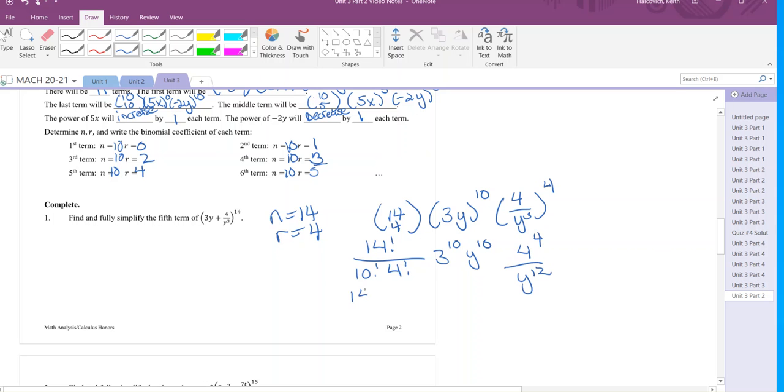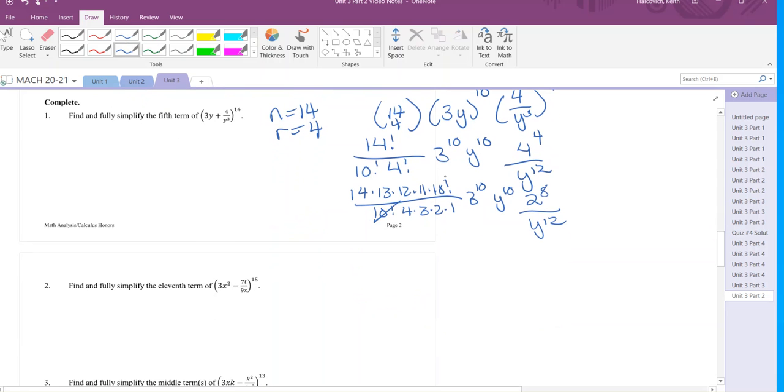So then you expand this out, 14 times 13 times 12 times 11 times 10 factorial over 10 factorial times 4 times 3 times 2 times 1. And it's 3 to the 10th, y to the 10th. And then I'm going to make 4 a prime number, so it's going to be 2 squared to the 4th, so it's going to be 2 to the 8th. And then y to the 12th.